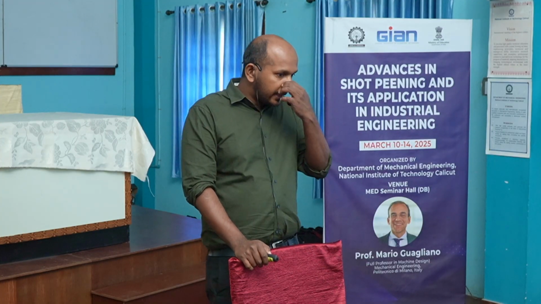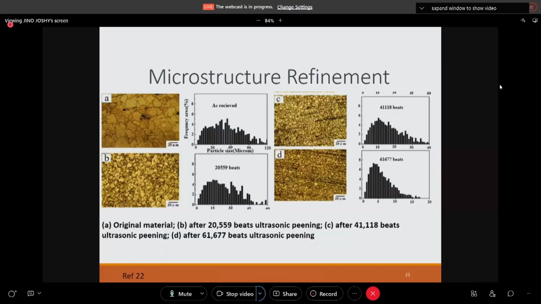And here, in one study they conducted ultrasonic shot peening and kept on increasing the number of beats, and they found that there is high grain refinement due to ultrasonic peening with a larger number of beats. But how the corrosion properties are affected by this is the question here.